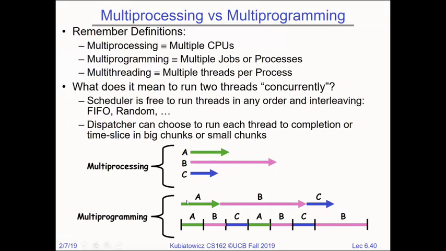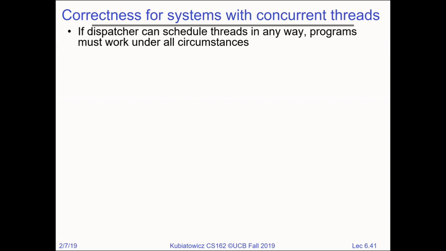And amusingly enough, or not, one of the things that can screw people up is they think concurrently, they've got 2 threads going, and the scheduler does it serially, A, then B, then C, and their code doesn't run correctly because they were assuming there was at least some interleaving. So correctness for systems with concurrent threads means that if the dispatcher can schedule threads in any way, programs must work under all circumstances.